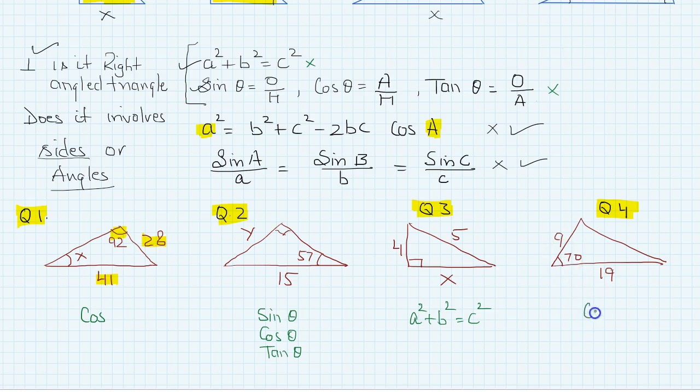This is a cos rule. This is not a cos rule. This is a sine rule, because when the angle between them is not given, it's always a sine rule. So I think this is the way you can solve the questions. Try to solve all these questions yourselves.